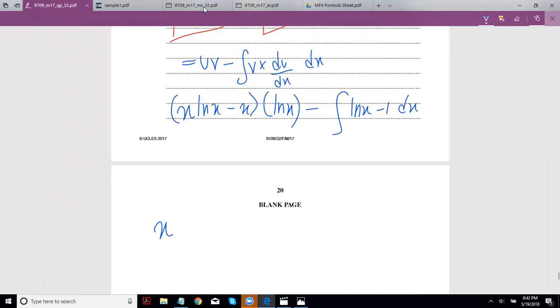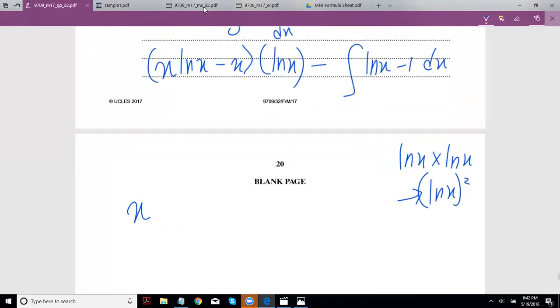again remember, you can do this: if it was ln x plus ln x, you could have written this as 2 ln x. However, in this case, if it is ln x into ln x, you can only write this as (ln x) whole squared. You don't have that nice property applying here, so don't get that mixed up. Minus x ln x. So yeah, you do that.